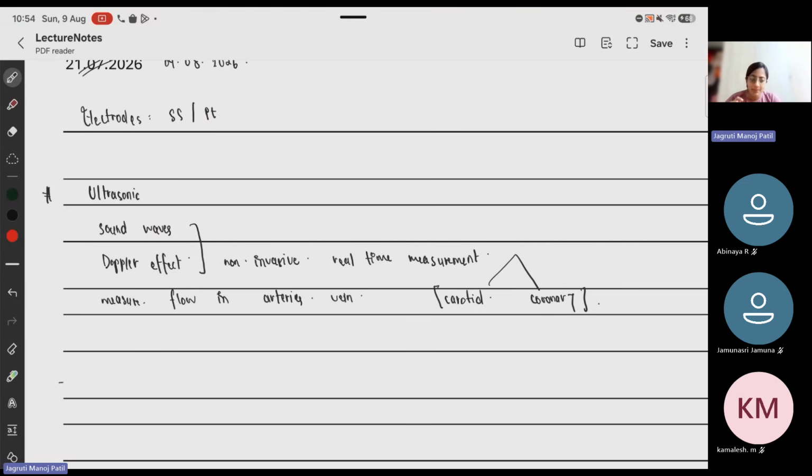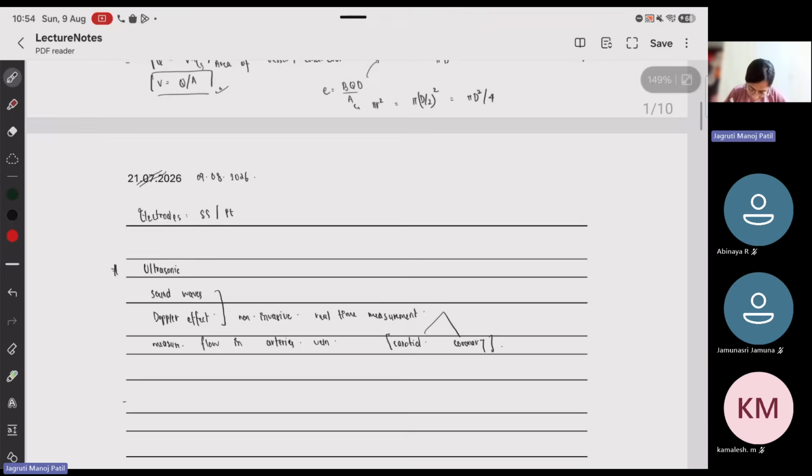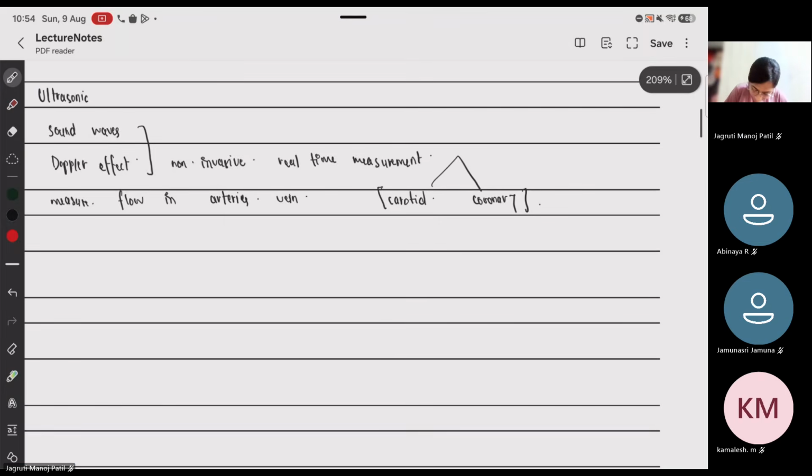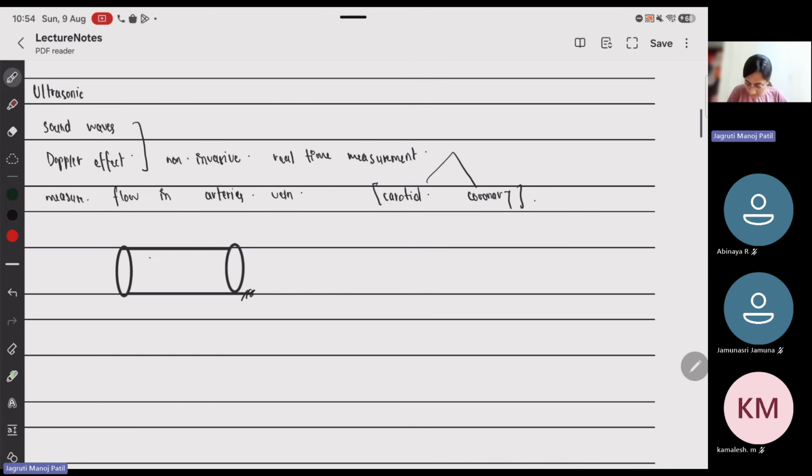So what happens here is, let's say we'll have a schematic. Let's say you have a vessel. Then you have, let's say, multiple red blood cells here, right?